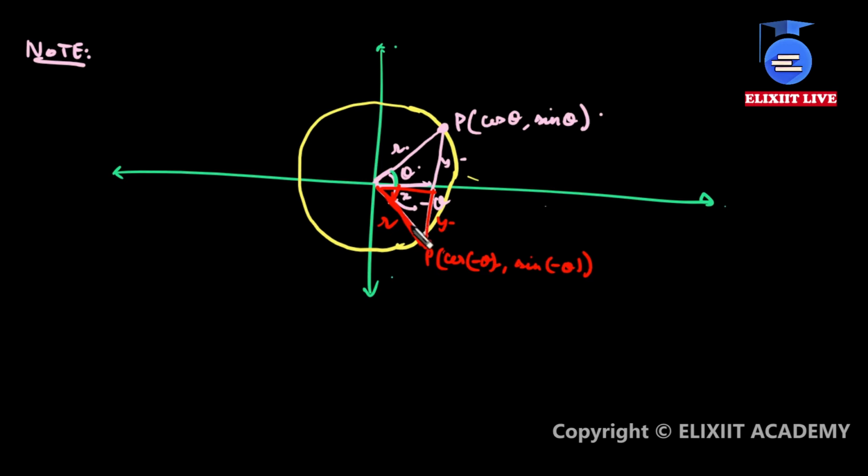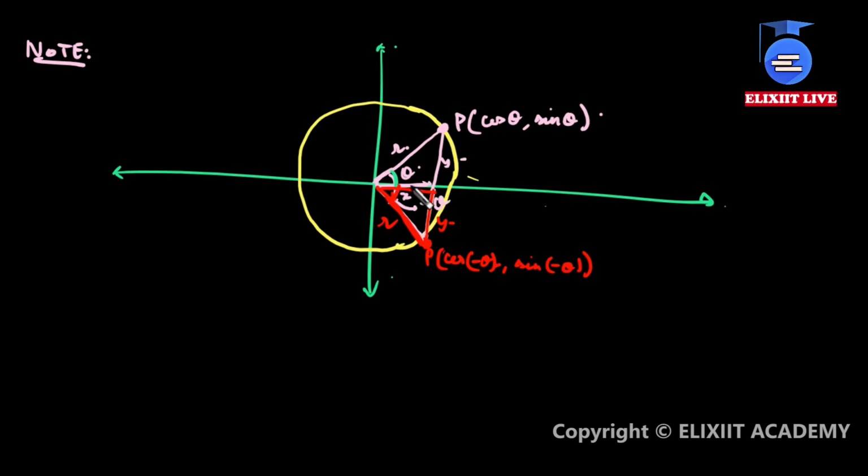So we can define cos of minus theta and sine of minus theta for negative angles in this context.